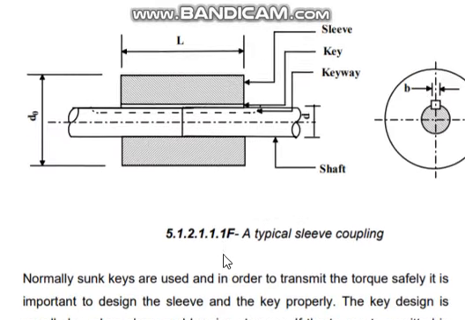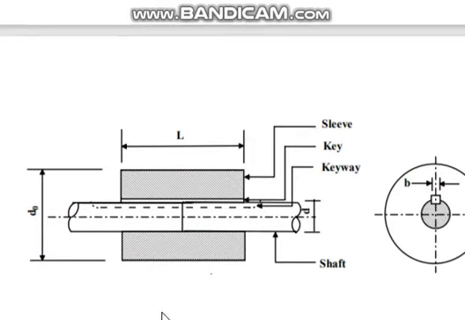Yeah, here. See, this is one shaft, this is another shaft, and this is the sleeve. The sleeve is just one hollow cylindrical piece. These two shafts are brought together, and between the shaft and the sleeve you put a key.